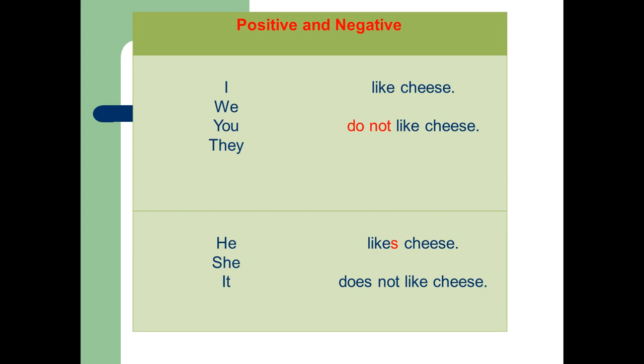So let's compare positive and negative sentences. I like cheese. I do not like cheese. He likes cheese. He does not like cheese. Pay attention. We use do with the pronouns I, we, you, they.